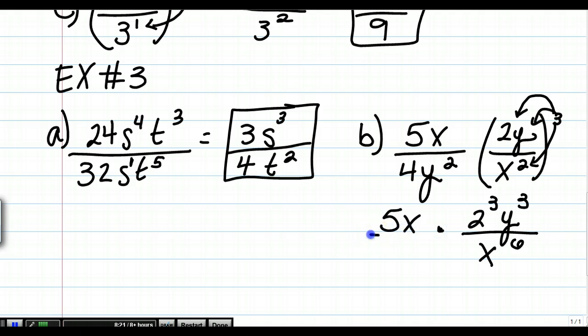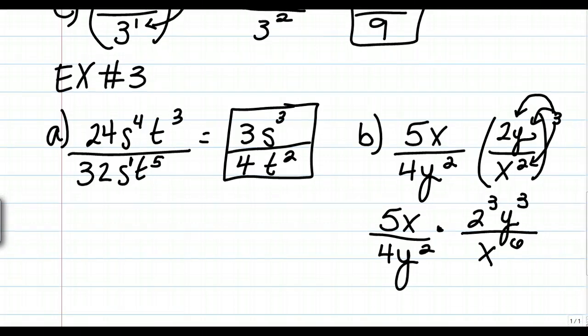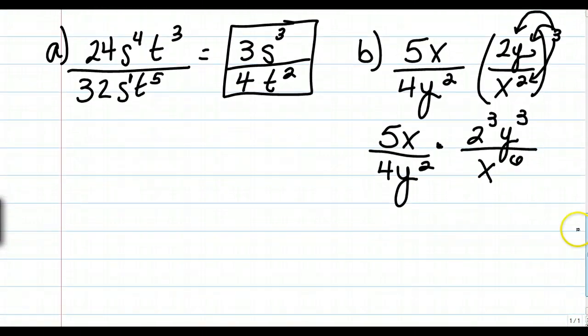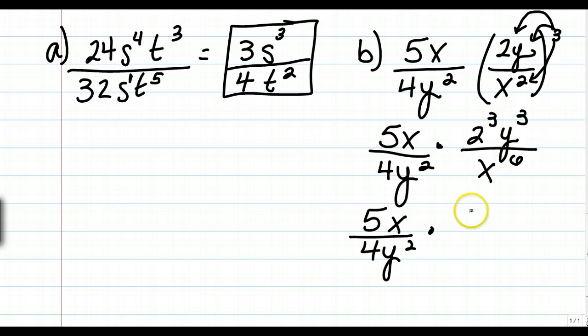I'm just going to bring this guy down. Now let's multiply out 2 to the 3rd. I know that 2 to the 3rd is 8, because 2 times 2 times 2 is 8.